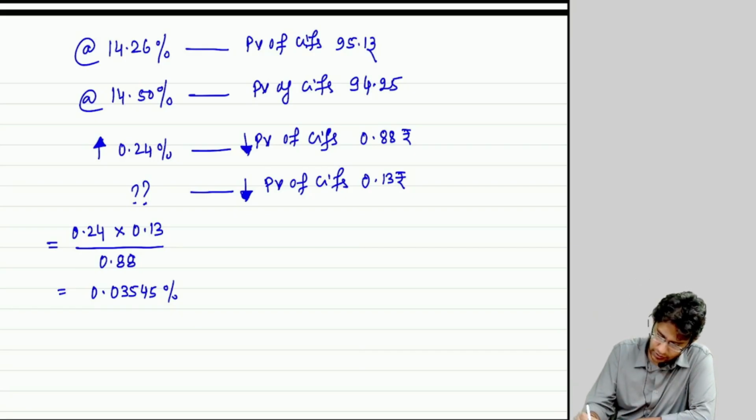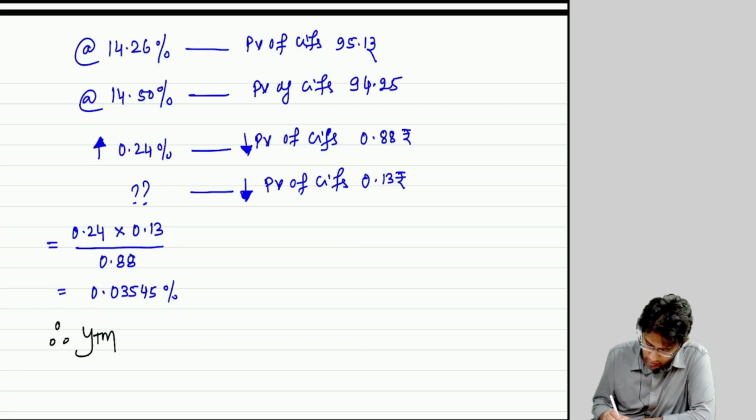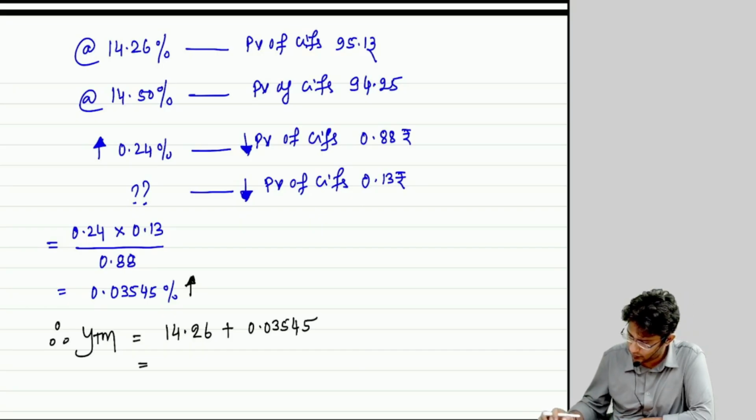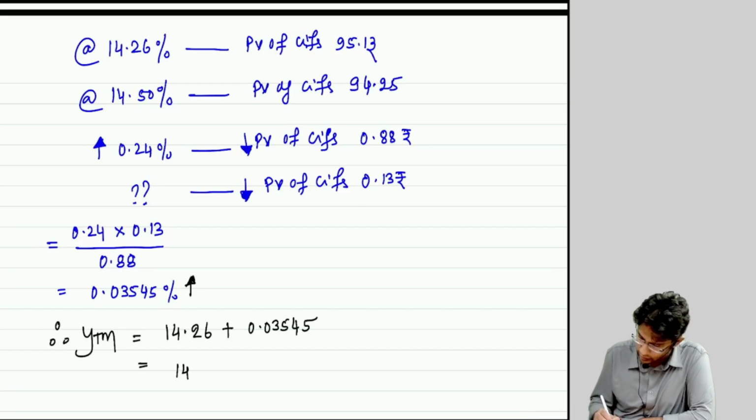So tell me, sir, what is your YTM now? What is the meaning of this? This much increase you want. So YTM is equal to 14.26 plus 0.03545. That is 14.2955 or 35.